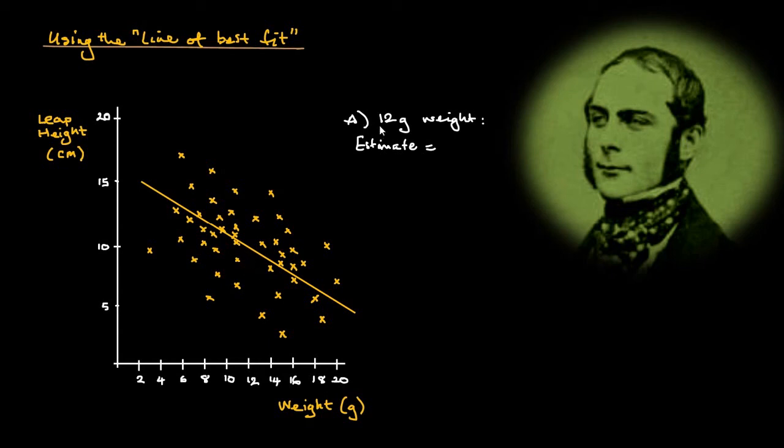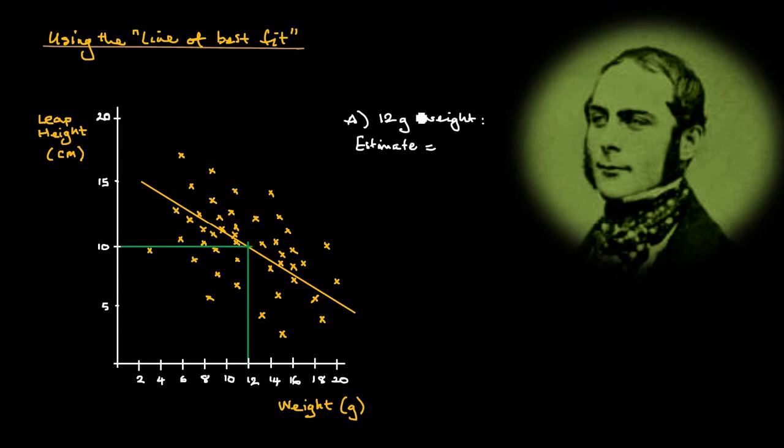So we need to draw a line up to the line of best fit from the 12-gram measurement. And then we can draw along from the line of best fit to find out the expected height that the frog is going to leap.